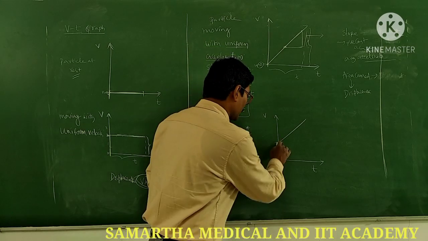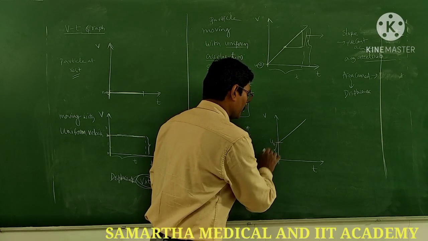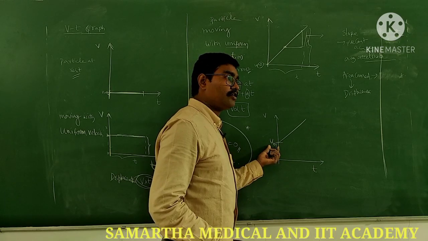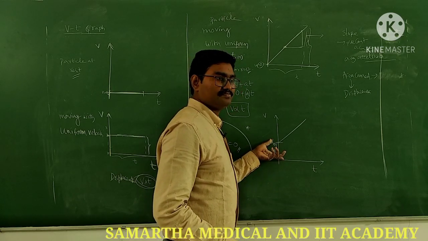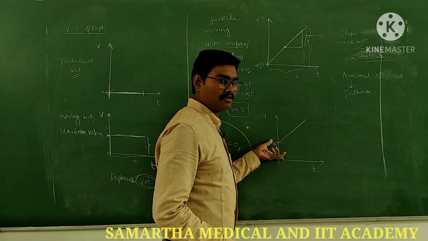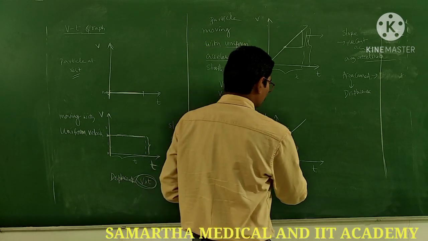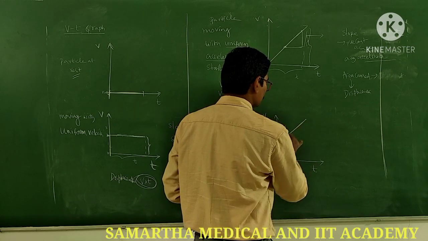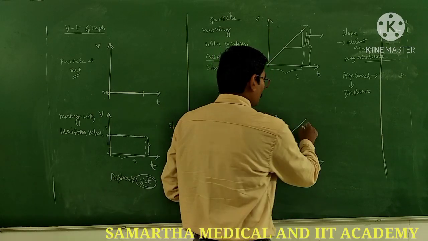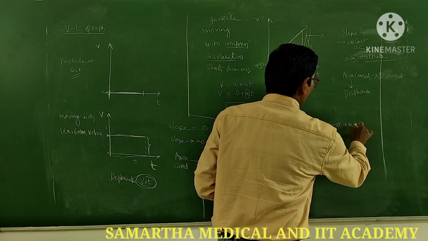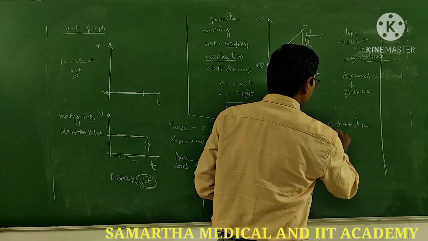Some initial velocity you can notice, like u naught or v naught, whatever it is. Some initial value is there on the y coordinate, v naught. Now what is this? Constant positive slope. What does it give?